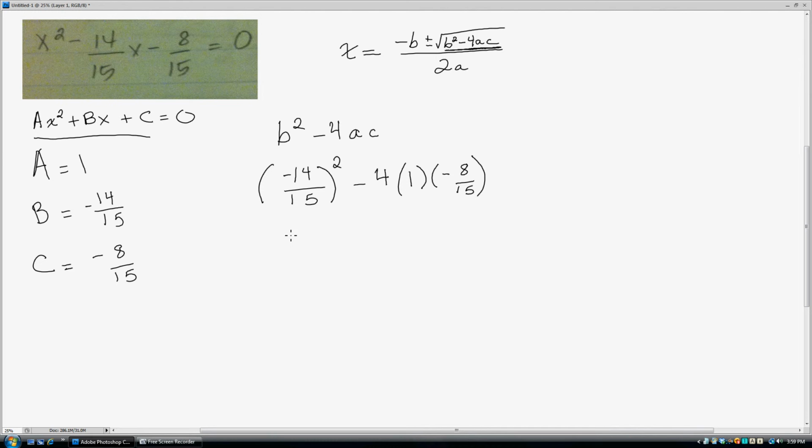Negative 14 squared then is 196. 15 squared is 225. Okay? Other problem here, make sure you're paying attention to this negative and this negative becoming a positive. 4 times 8, of course, is 32 over 15.